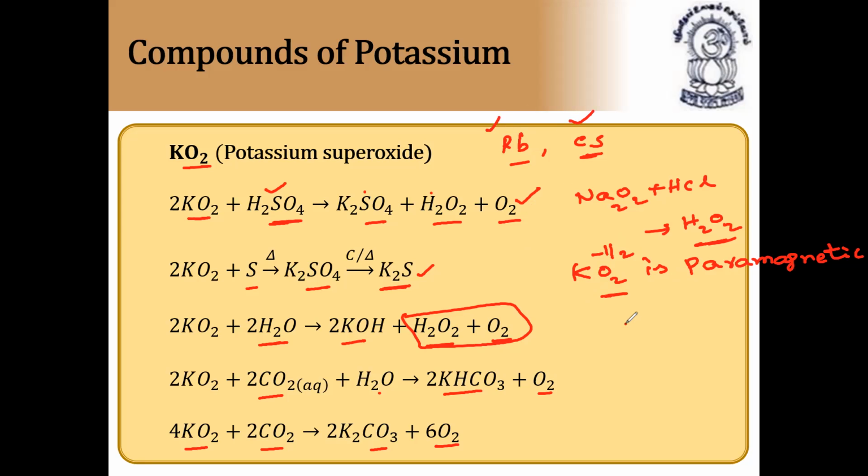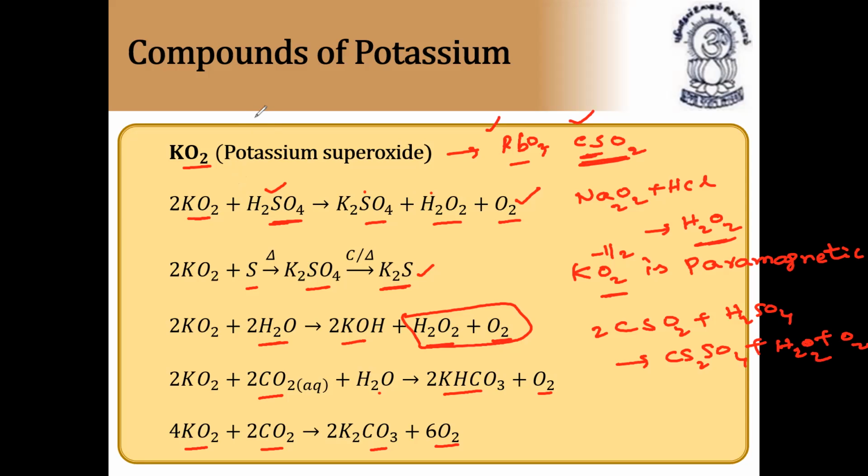Cesium peroxide on reaction with sulfuric acid forms cesium sulfate, Cs2SO4, plus hydrogen peroxide, H2O2, plus O2. It is the same reaction for rubidium, cesium and potassium. For all three, the peroxides, and the superoxides of rubidium and cesium also form the same products.